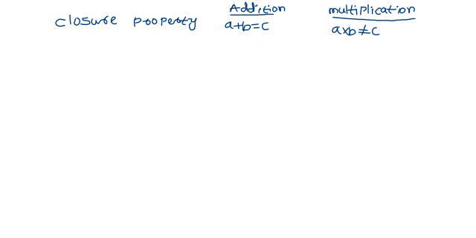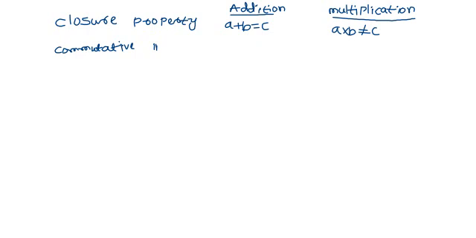And the next one is the commutative property. Same as above, in addition, the commutative property is a plus b is equal to b plus a.